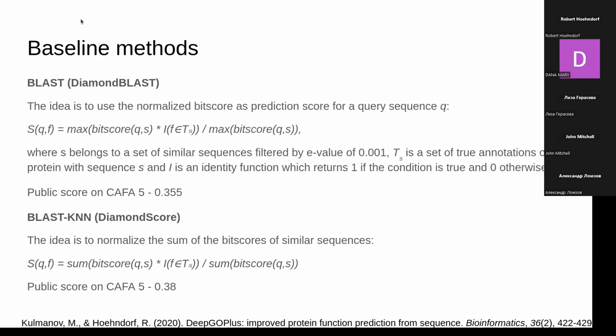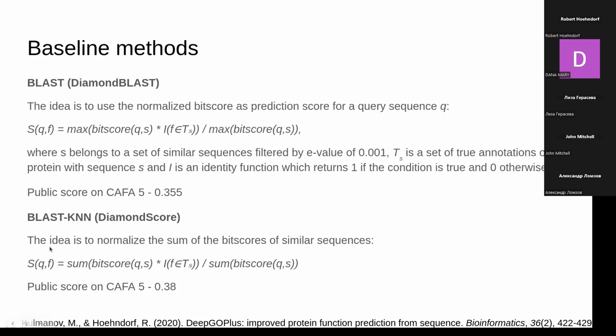First of all, I'd like to introduce some baseline methods. Most baseline methods in the CAFA competition are based on BLAST search of similar sequences, and there are two of them. The idea is to use the normalized bit score obtained by BLAST or BLAST-like methods such as Diamond. One method normalizes the bit score for a positive prediction label by the maximum bit score obtained from the similar sequences.